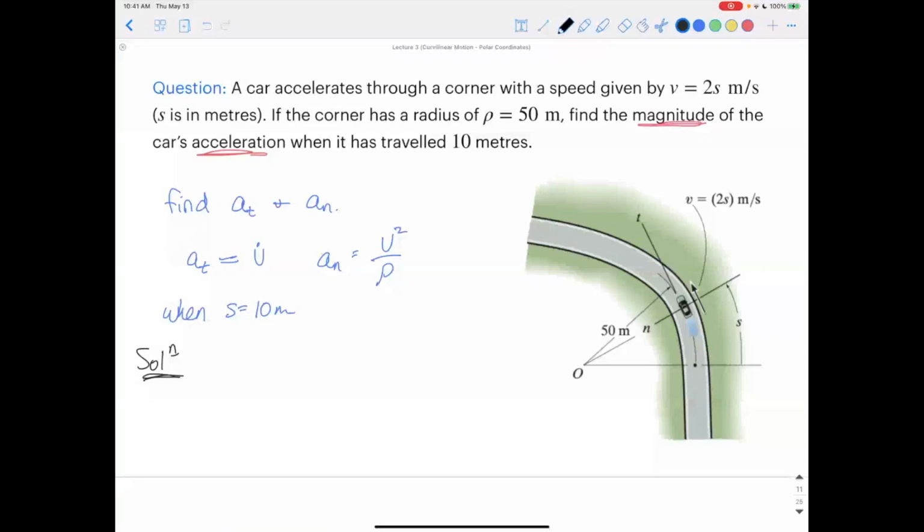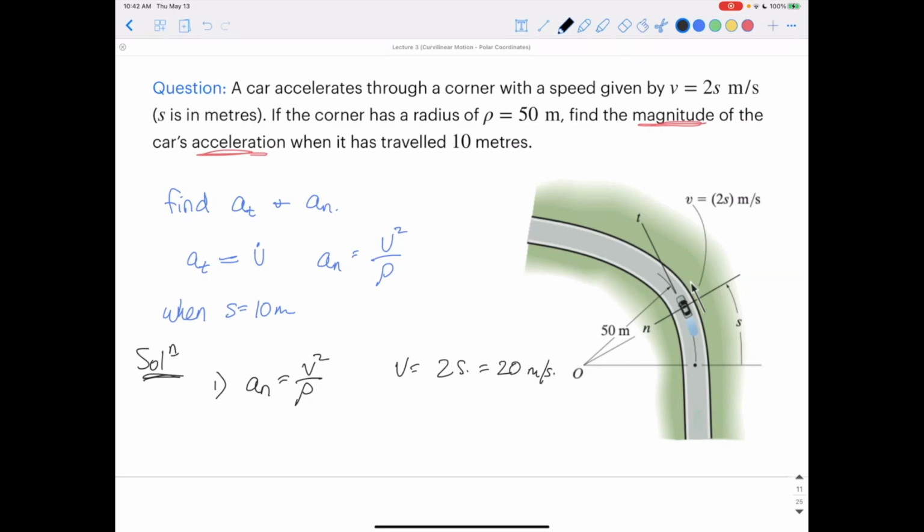Yeah. So if we know our normal component, and v is equal to, where is our equation? 2s. So when it's 10 meters, this is going to be 2 times 10 meters, so 20 meters per second.